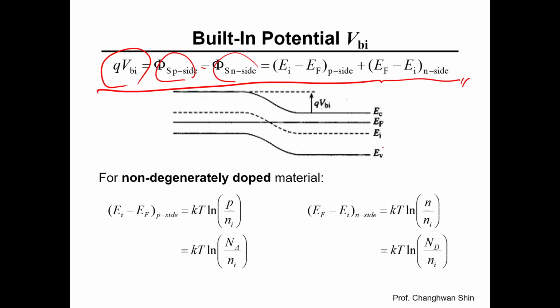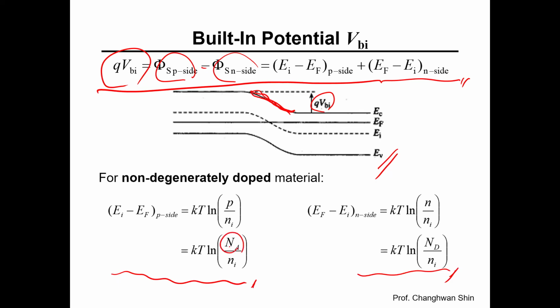So looking at the band diagram, we can see this graphically. The built-in potential q V sub bi is represented by the total band bending from one side to the other. For non-degenerately doped material, which is the typical case for most semiconductor devices, we can express these energy differences in terms of carrier concentrations, as denoted on the bottom side.